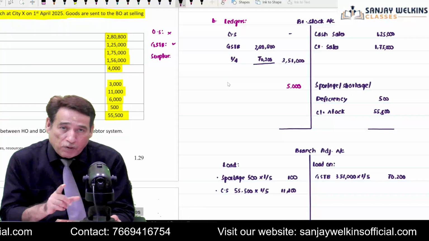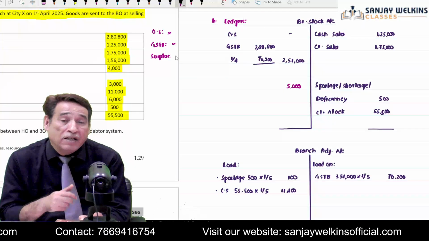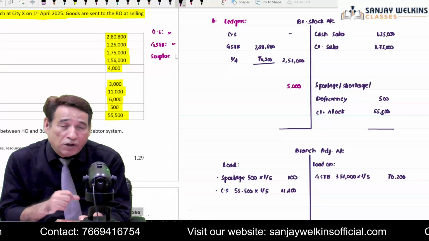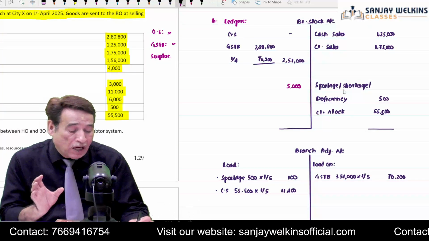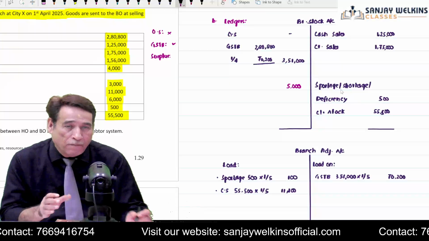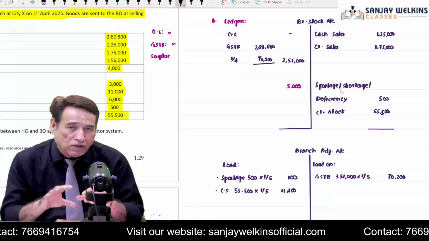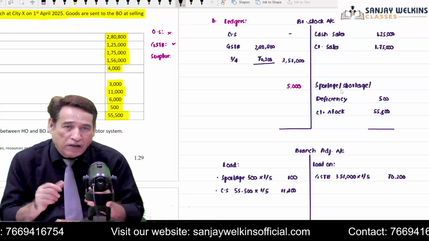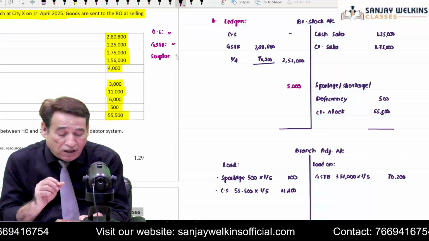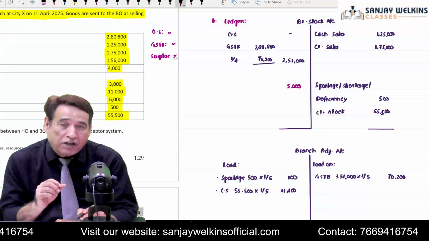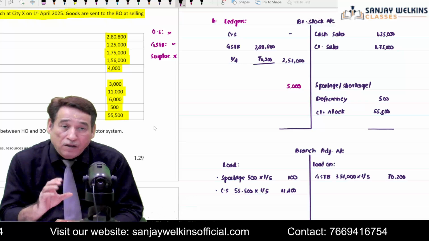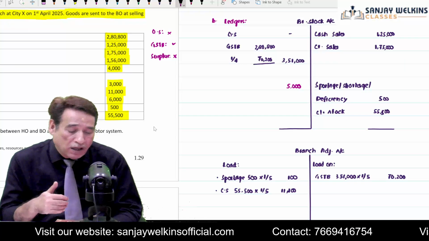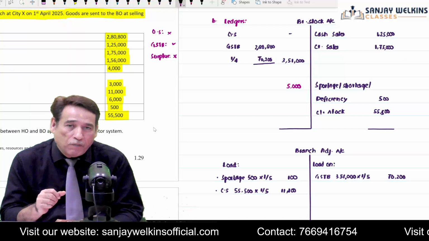But in this particular question you cannot treat it as surplus. Why? The reason is that on the opposite side, we have spoilage, shortage or deficiency. Surplus and deficiency cannot exist side by side. So that is the reason you cannot treat it as surplus. Is it clear to you or not? So that is why I told you this question carries a very heavy point, and this is the heavy point.